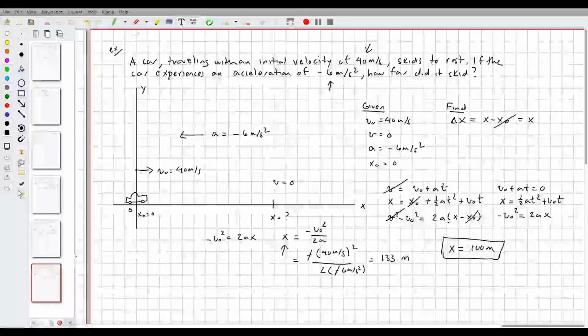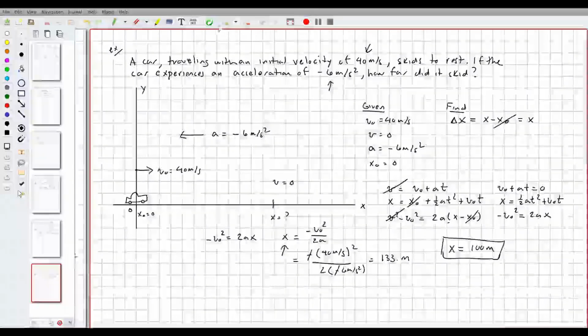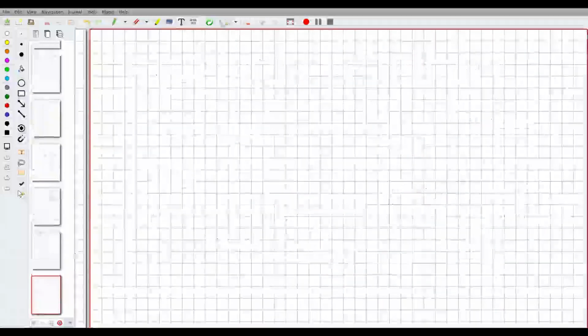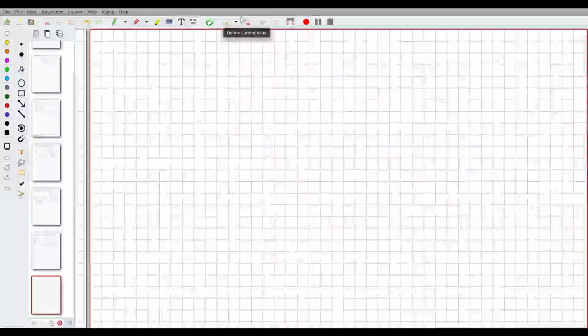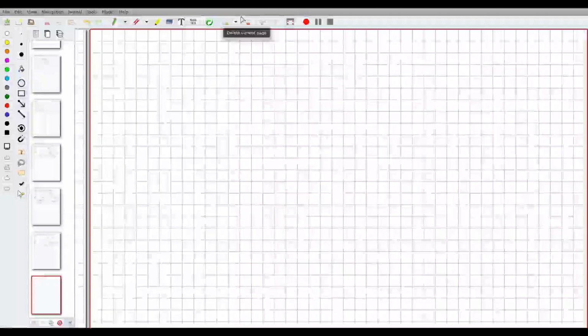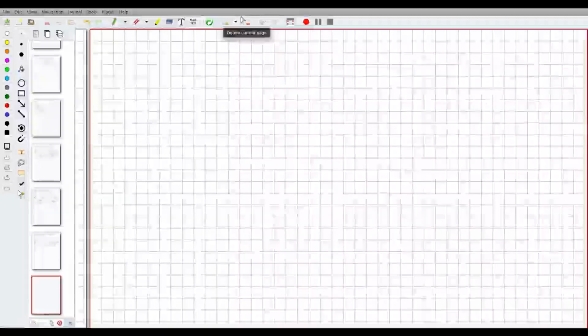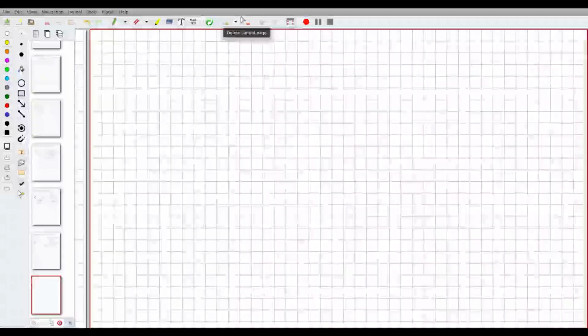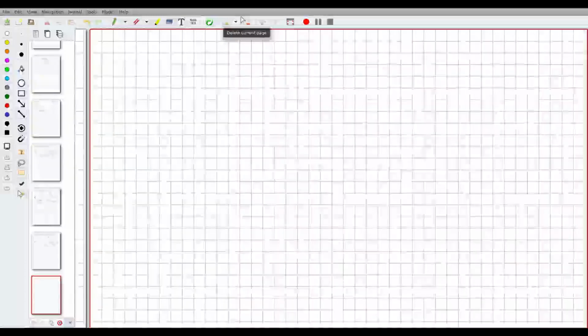Now, we're going to work one more problem, and this is a simultaneous problem. It deals with the motion of two things and trying to find when they start to pass each other, basically. It's a pretty useful problem to do to show you how equations can be coupled.